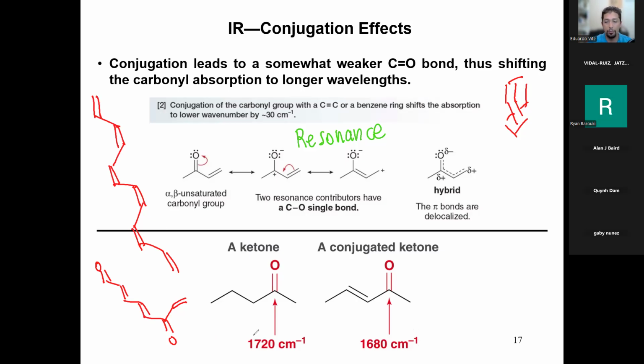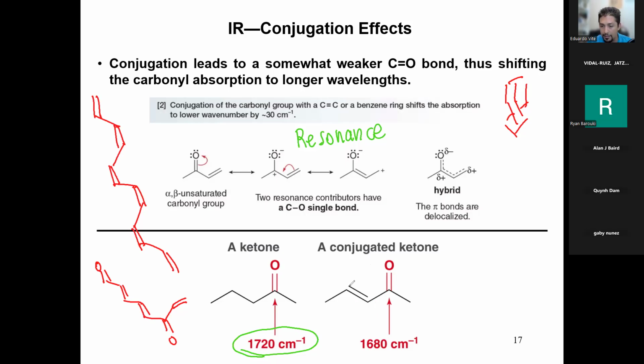So just to give you an example, down here, this ketone, this carbonyl of a ketone, normally you might find it at 1720. But as soon as you add a conjugation by including that double bond, see, you have double bond, single bond, double bond. You have an alternating system. That is a conjugated system. As soon as you have conjugation, you're introducing resonance.